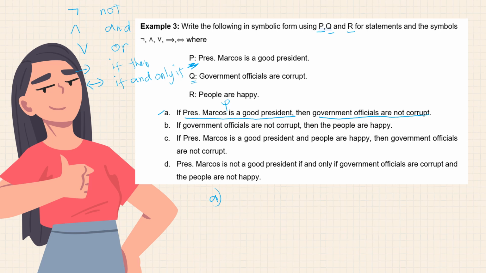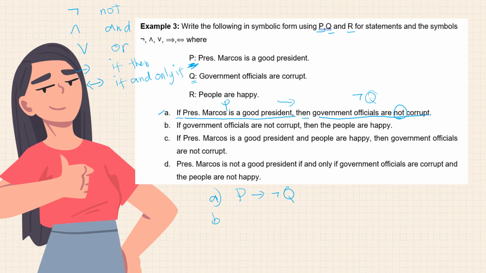That is Q, but as you can see, the original statement is government officials are corrupt, so this is a negation because of the word not. Then let's use if and then, arrow to the right. So this can be written as: if P, then not Q.